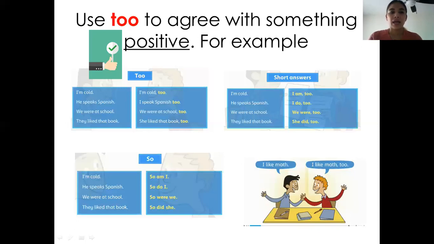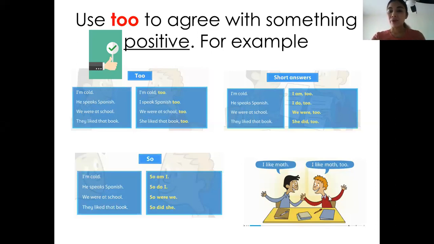I'm going to share my slide with you. It says, "I use too to agree with something positive." For example, we have a picture with two guys, one in a blue t-shirt and the other in a red sweater. They are in the same situation. Let's read the dialogue. It says, "I like math."